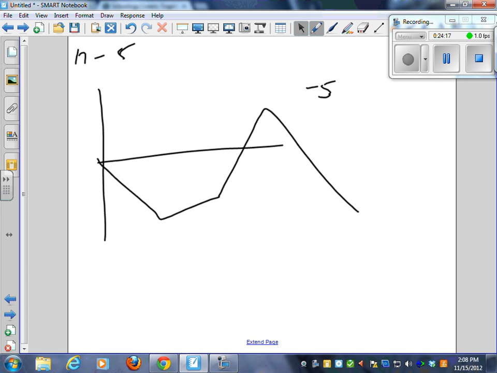From 4 to 7 is +2. It goes up 2, right? From 0 to 7, it goes from 0 to -3, -3. From there to there.